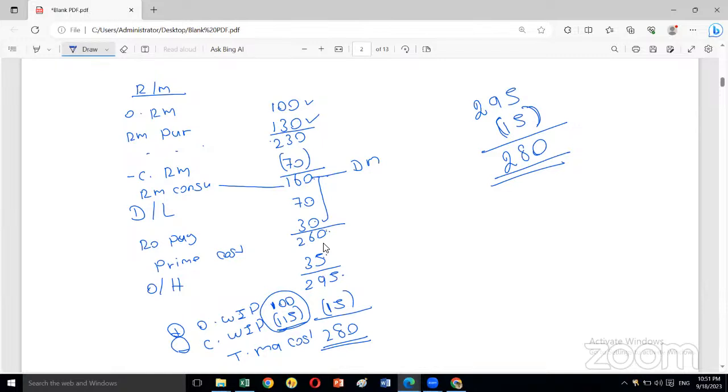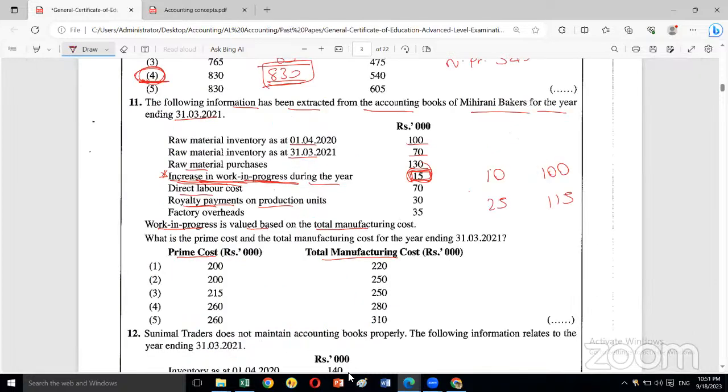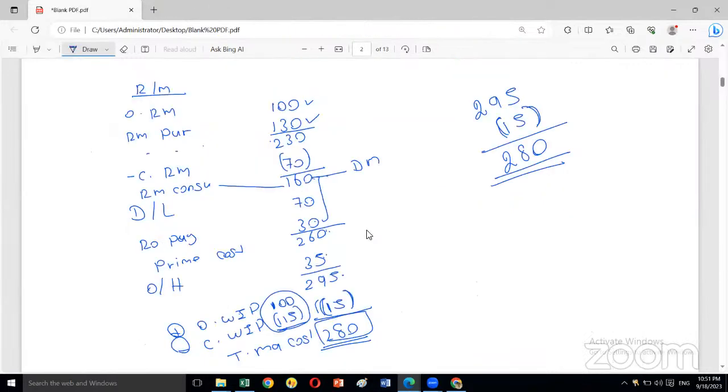But if there is some work in progress adjustment, I have to do that. Only then can I find the actual manufacturing cost. Here they ask you to do that adjustment. Work in progress is valued based on total manufacturing cost. Total manufacturing cost is 295, but if there is a work in progress adjustment, I can't say this 295,000 is the manufacturing cost.